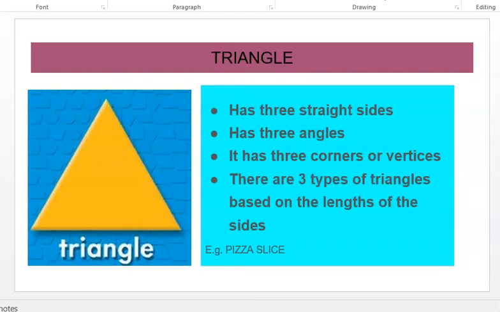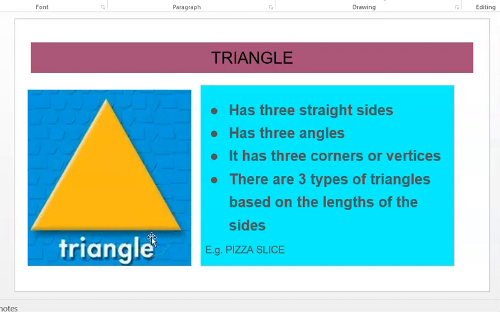The next 2D shape we're looking at is the triangle. As the name suggests, it is a three-sided 2D shape. It's a closed shape with three sides. It has three angles and three corners, or vertices. We have different types of triangle based on the length of the sides. If the sides have equal length, like we have here, it's called an equilateral triangle.